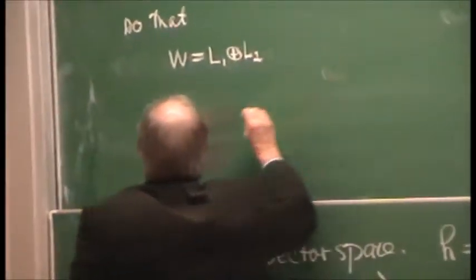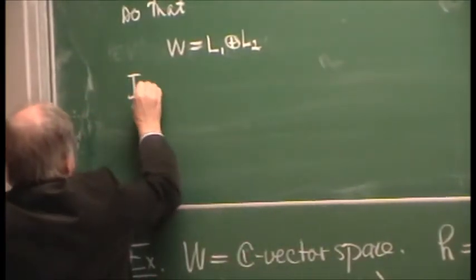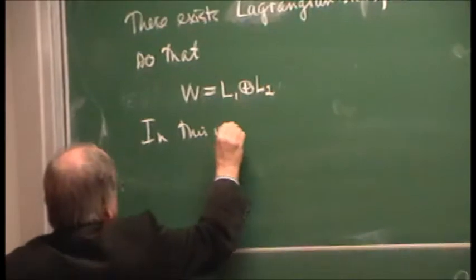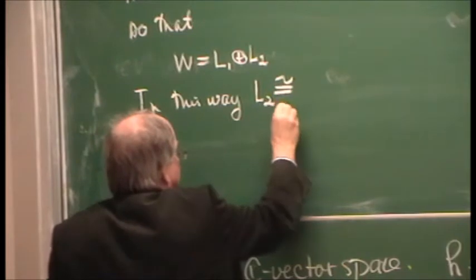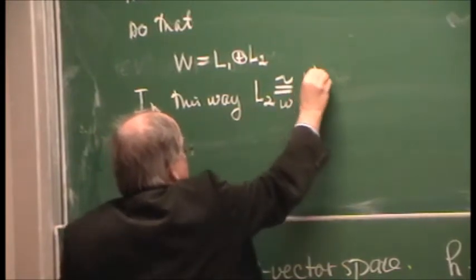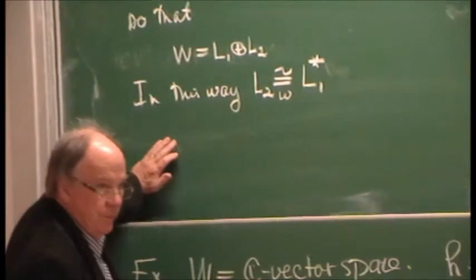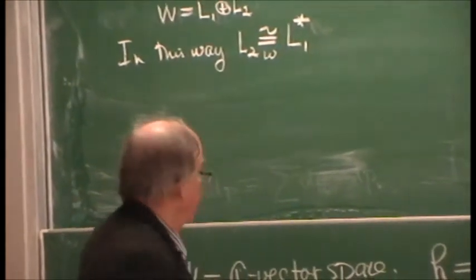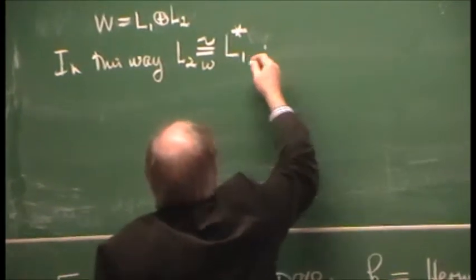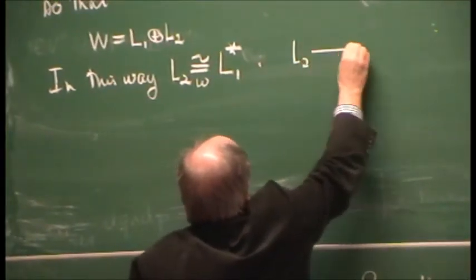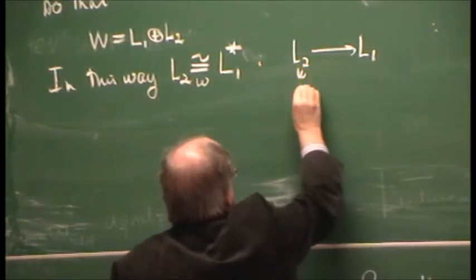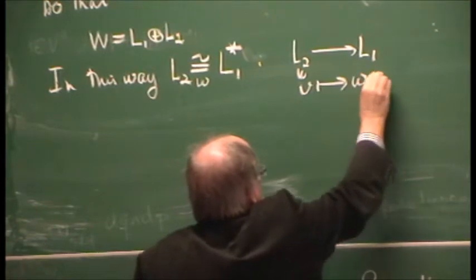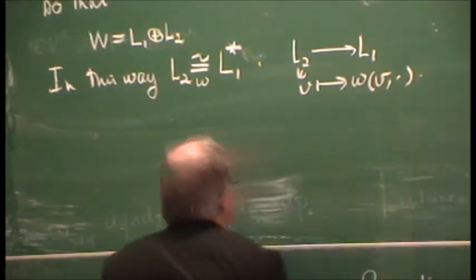But in fact, in this way L2 is naturally isomorphic via omega to L1 dual. If you don't believe me, I'm going to give you a map from L2 to L1 dual just by taking a vector here, I don't care, v, and going to omega(v, ·).